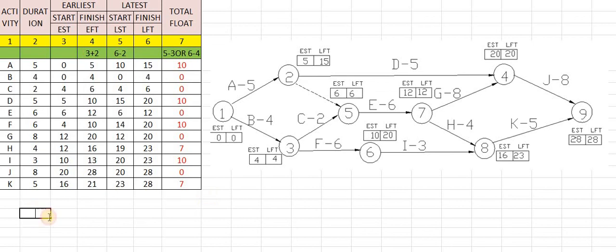So here I am writing down the critical activities. What is the critical activity? Here it is B, that means B represents 1, 3. So we will call this 1, 3.